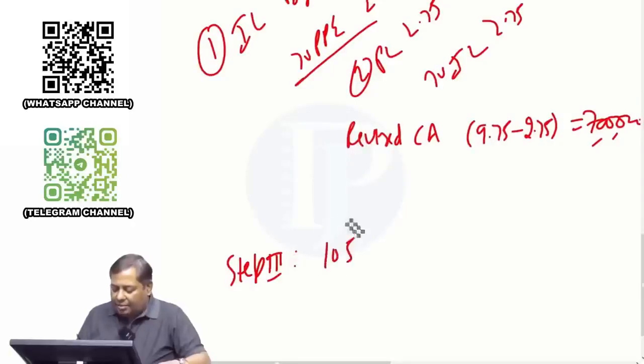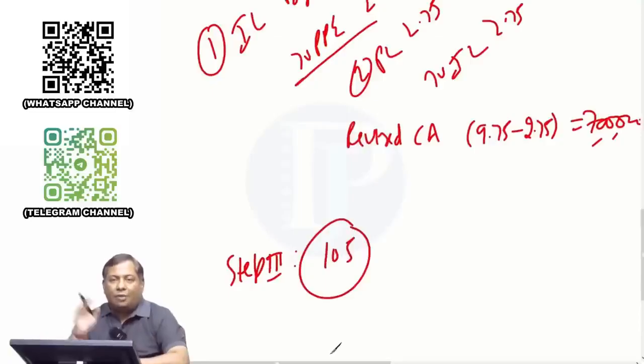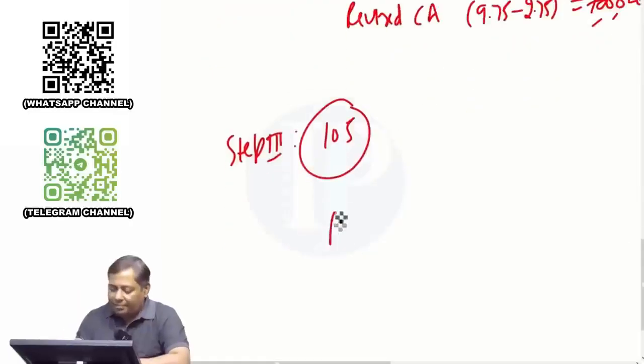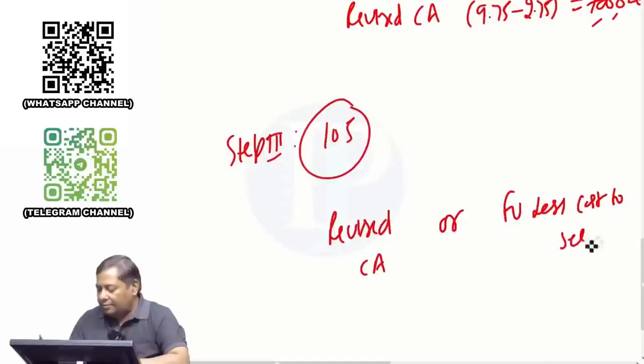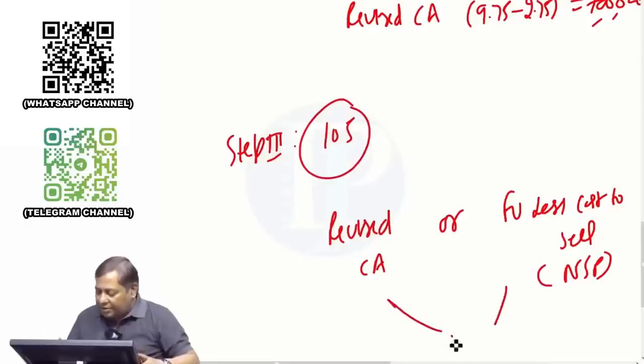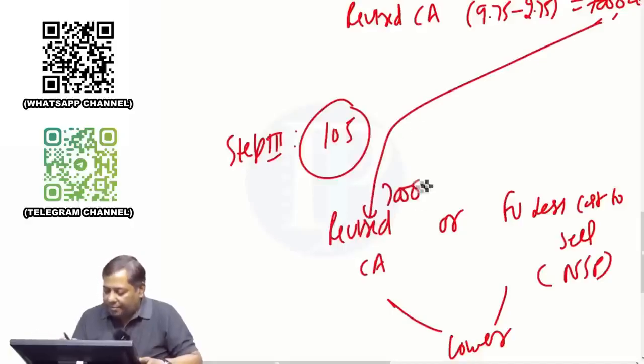The third step says bring this asset to 105, and the formula of 105 will be applied: revised carrying amount or fair value less cost to sell, which we also call NSP, net selling price, whichever is lower. I have a revised carrying amount of rupees 7 lakhs.